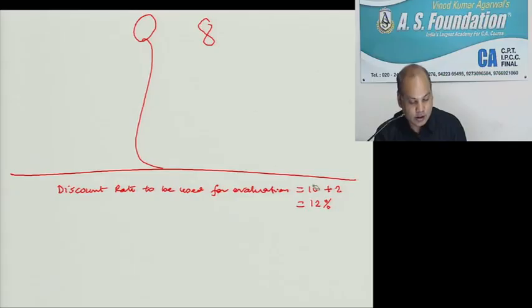And calculate the annual lease rental to be charged. Assuming the lease period is 5 years, rent will be payable on the first day of each year. So rents will be payable in advance. Tax payment will be made at the end of the year. We'll assume that.